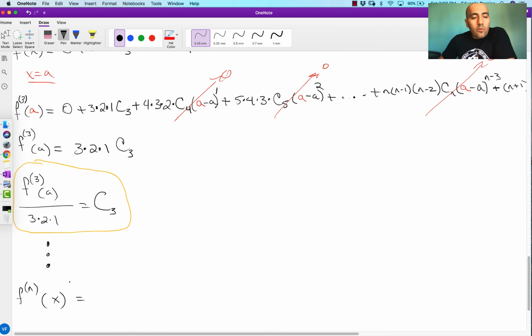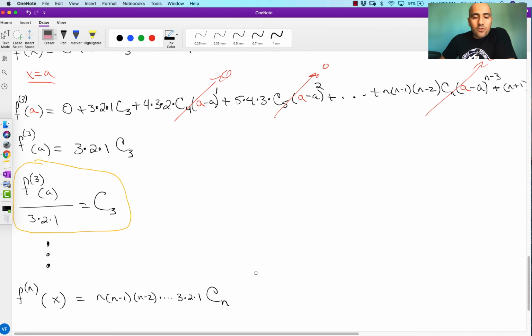So as we go all the way down to the nth derivative, the first one that has a constant is going to end up being n times n minus 1 times n minus 2, dot, dot, dot, all the way until we get like a 3 times 2 times 1, something like that, times c sub n, and then there will be an x minus a to the power of 0 term, which we've been doing this whole time, and that term is 1, so we just don't even bother writing it. Okay, that's just going to be a 1.